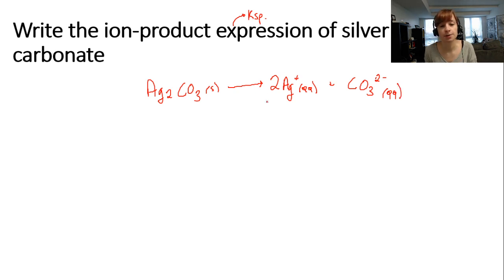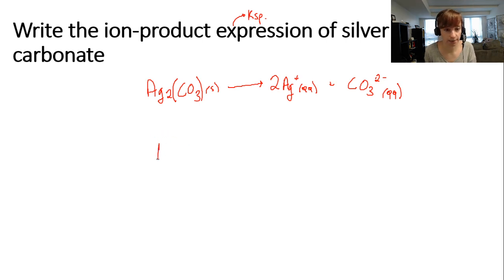I wrote the 2 right away, but I was just balancing the equation. So it's better to write like this because it's a complete ion. It's not going to be separated into carbon and oxygen individually. Okay, so we have 2 silvers and 1 CO3 on each side. So it is balanced.